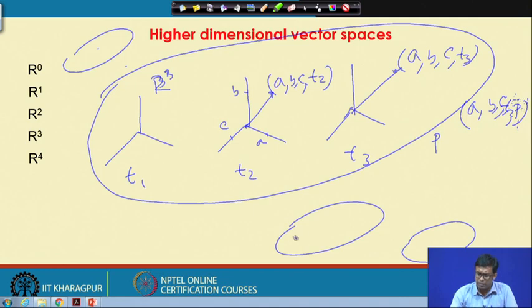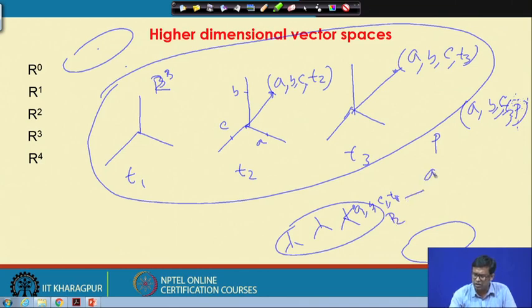Similarly, with time the coordinate frames are changing here. At one particular coordinate frame we see A 1, B 1, C 1 at time, say, T 1, and this is the observation P 2.